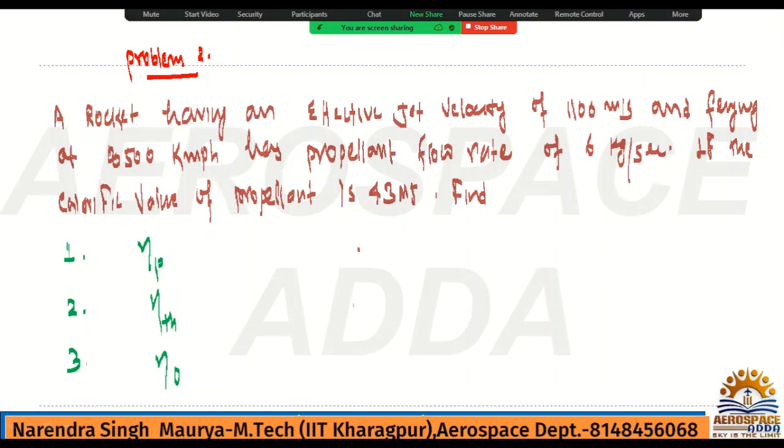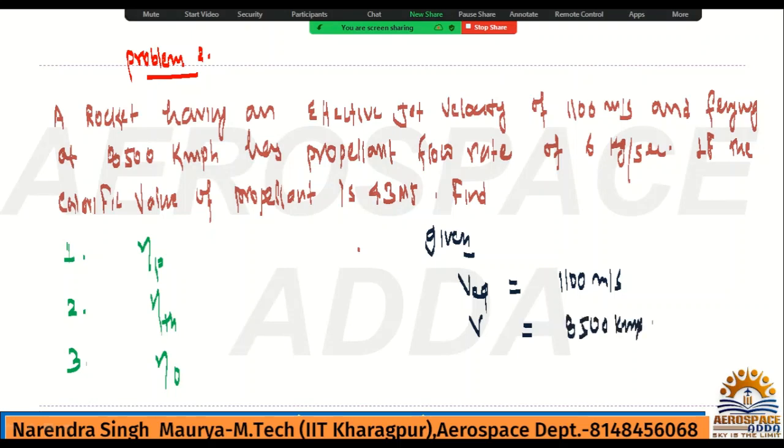So now what are the given data here? Need to check. Given, what they have given: V effective or V equivalent is nothing but 1100 meter per second, and the vehicle velocity is nothing but 8500 kmph.